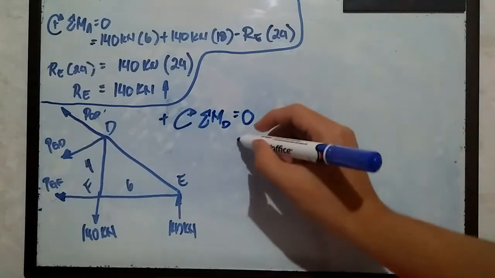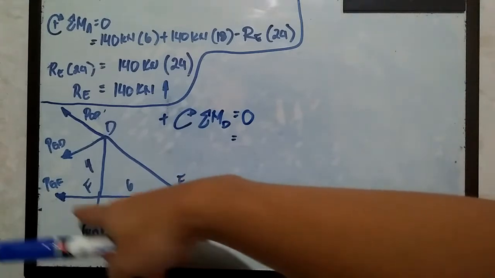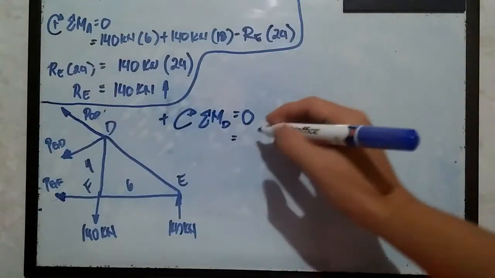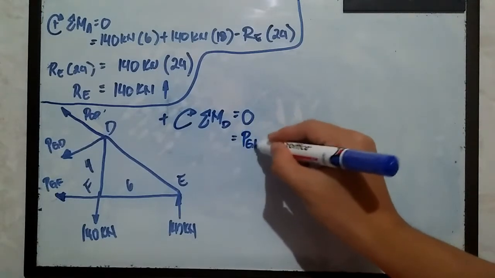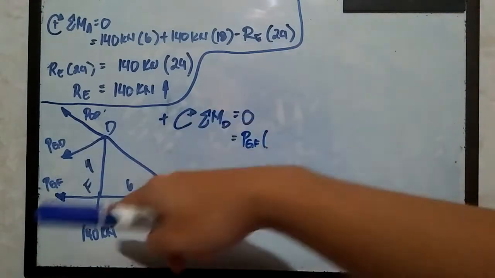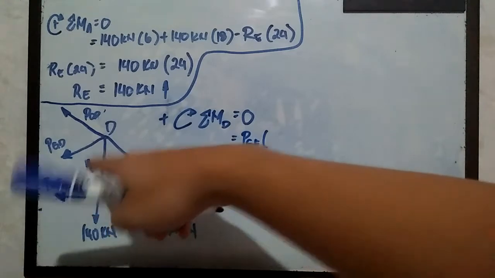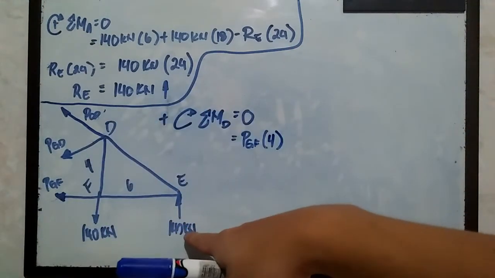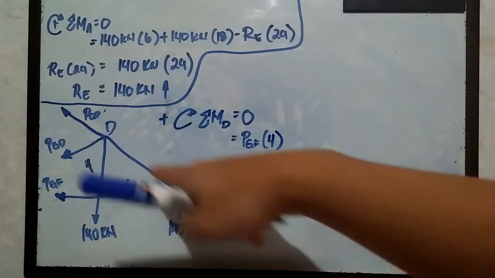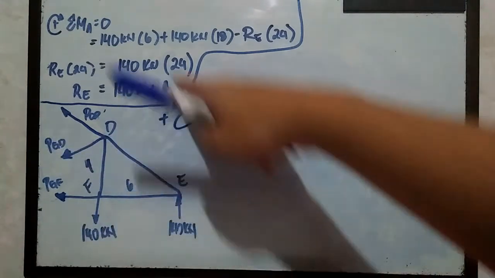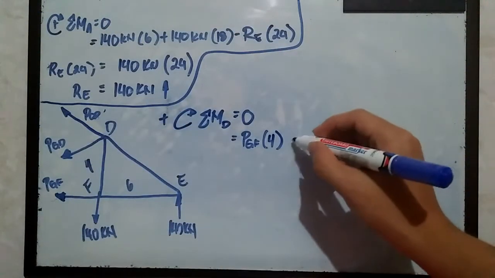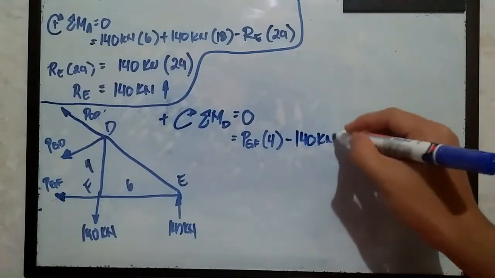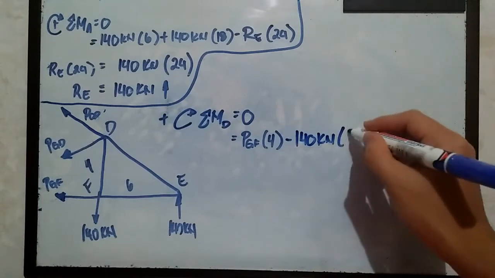P sub GF is going to rotate clockwise, so P sub GF multiplied by the perpendicular distance of 4. And this 140 kilonewtons is going to rotate counterclockwise, so it is negative 140 kilonewtons multiplied by 6.